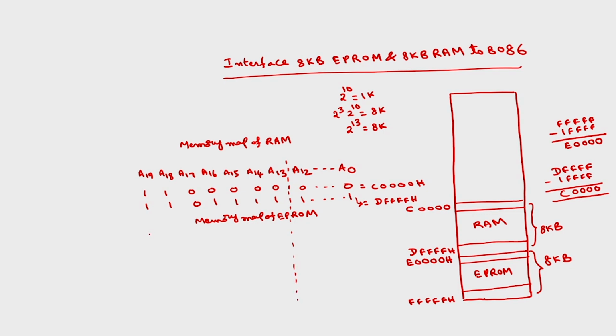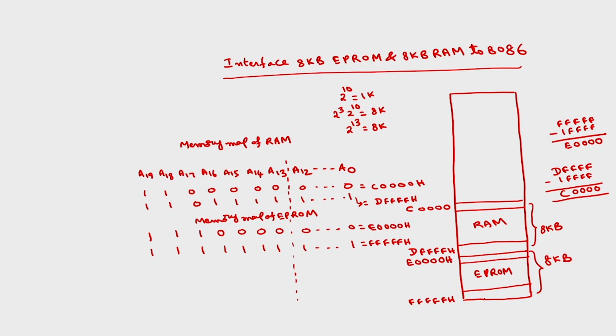E is nothing but 14, which is 1110, then all zeros, which is E0000H, and the ending address is all ones, FFFFFH. This is the memory map. By varying A0 to A12 from all zeros to all ones, we can choose any of the locations from the 8 kilobytes of memory.